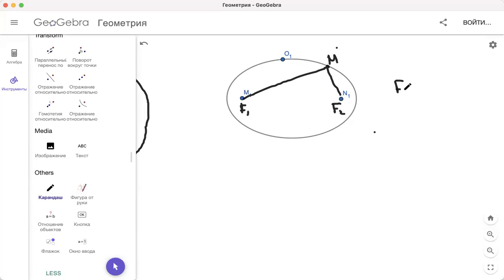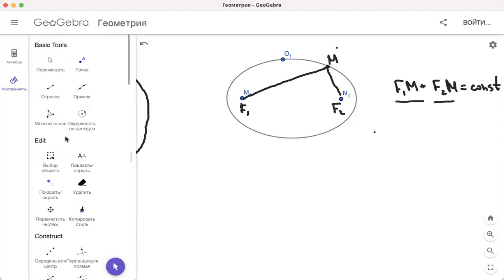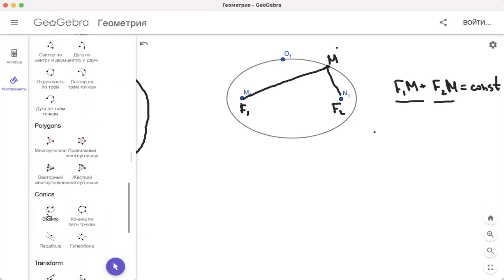Yes. But in this definition, you can also replace the foci by circles doubly tangent to this ellipse. So let me draw this figure.